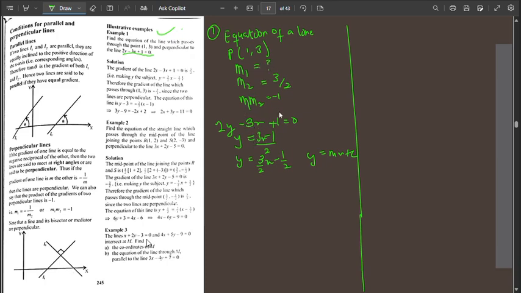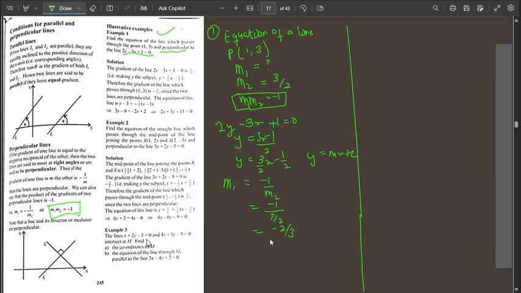How are we going to find it? With the equation m1 times m2, where the key word is perpendicular. When they are perpendicular, their product is negative 1. I'll make m1 the subject: m1 will be equal to negative 1 over m2. So negative 1 over 3 over 2 gives negative 2 over 3.